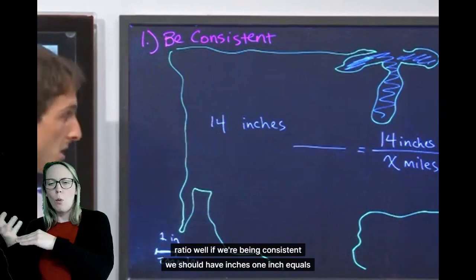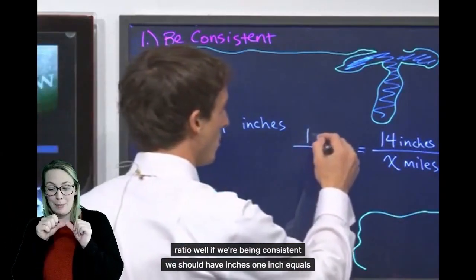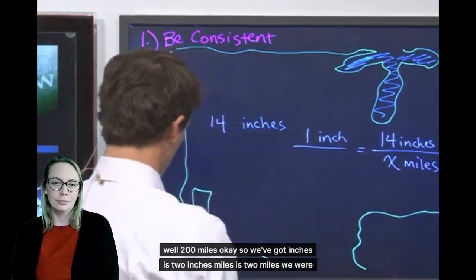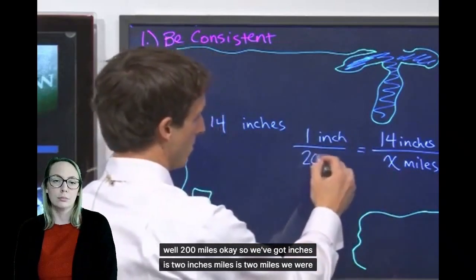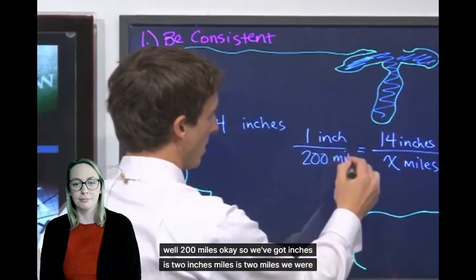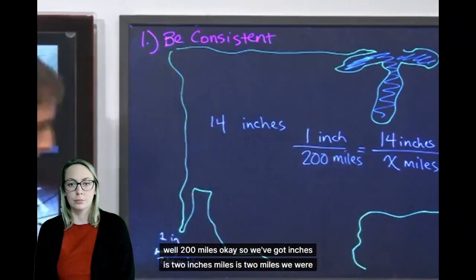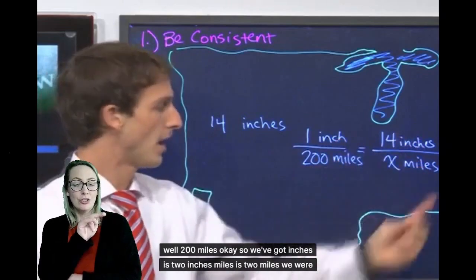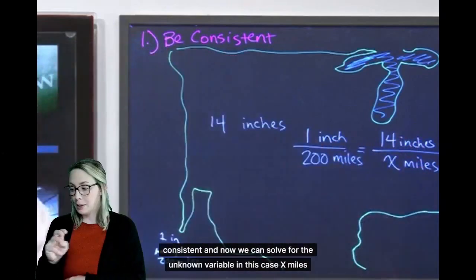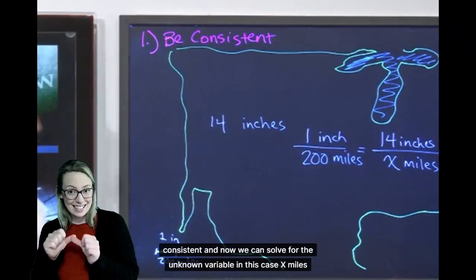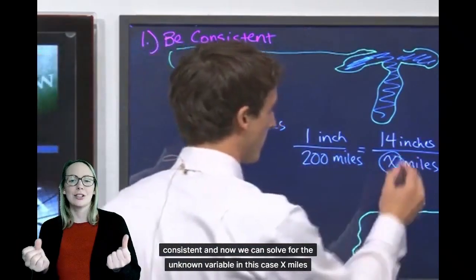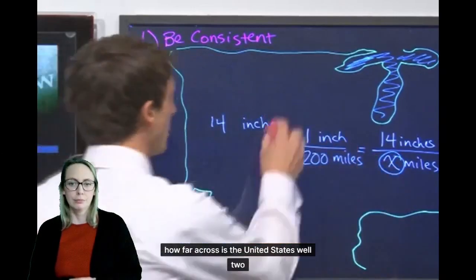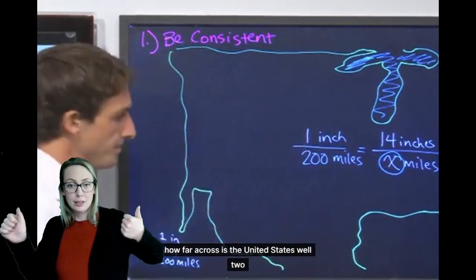Well, if we're being consistent, we should have inches. 1 inch equals 200 miles. Okay. So we've got inches is to inches, miles is to miles. We were consistent, and now we can solve for the unknown variable. In this case, X miles. How far across is the United States?